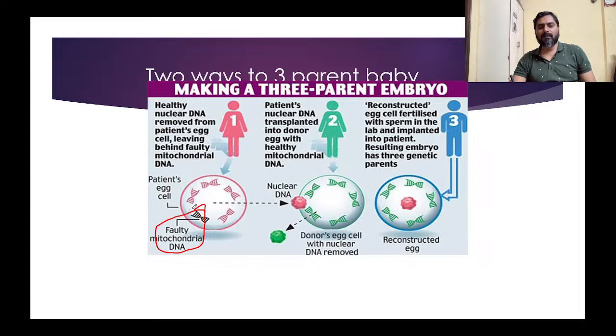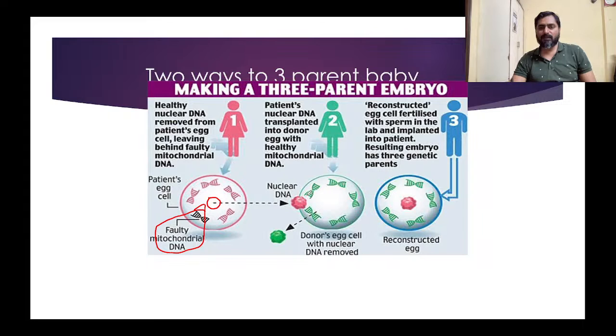Some of the mitochondria could be defective, but the nucleus is healthy. So we can remove the nucleus and leave this cytoplasm. This is the nucleus and this is the cytoplasm. We are using the enucleation method, so we'll remove the nucleus. In this diagram you can see that we have removed the nucleus.